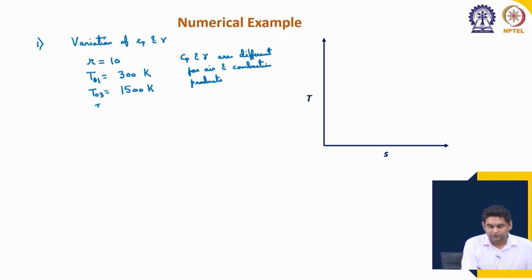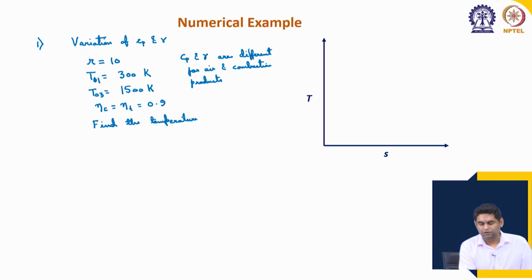The isentropic efficiency of both the turbine and compressor is given as 0.9 and there are no pressure losses, and we need to find the states, the temperature, at the end of each process.